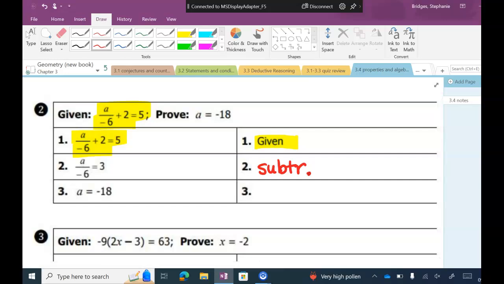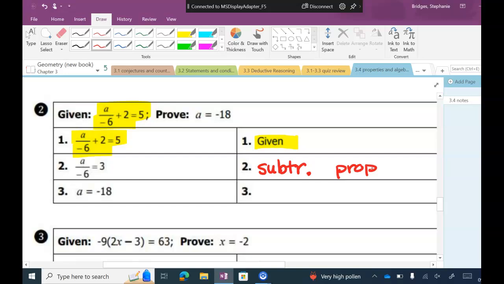Subtraction and substitution. If you just put SUB, I don't know what you're talking about, and I'm going to count it wrong. You could put a minus sign if you wanted to. Okay, I just put a few extra letters so that I know the difference between subtraction and substitution. Does that make a little bit of sense?